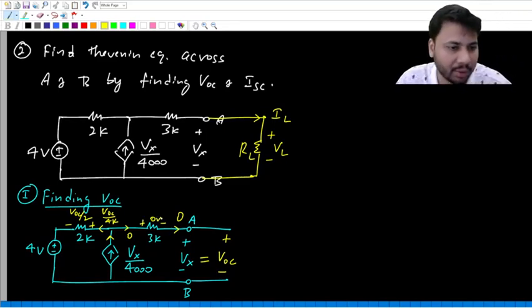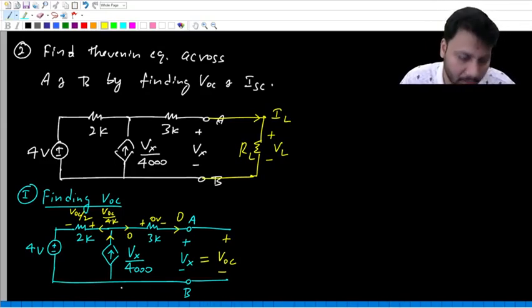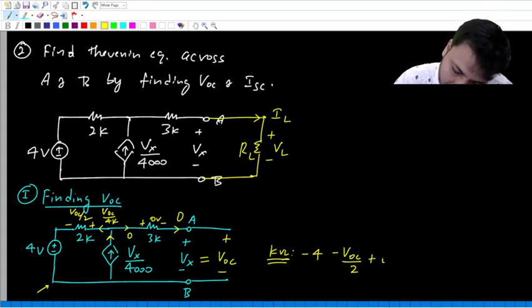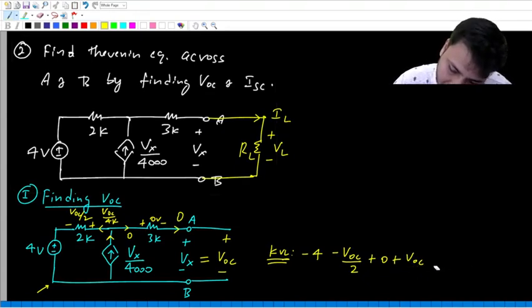Okay. What is the drop across 3K? It is 0. Now let us apply KVL around this outer loop starting from this point. So when you write KVL, what do you get? Minus 4 minus VOC by 2 plus 0 plus VOC by 2 plus VOC equal to 0.